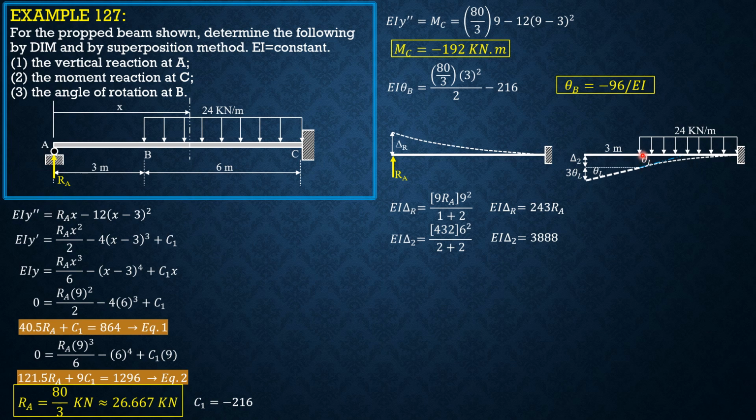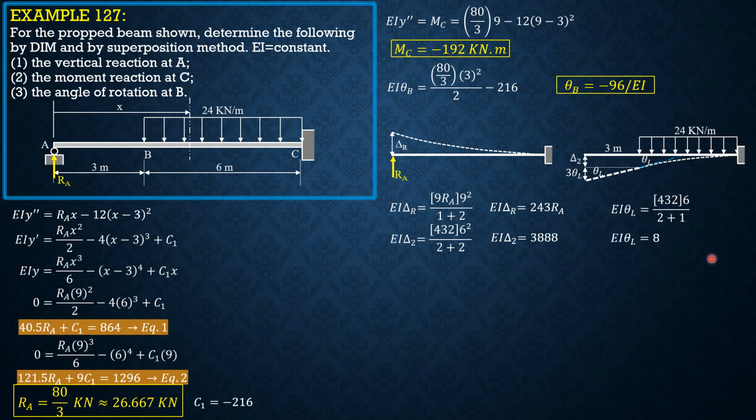Then for theta L, EI theta L equals moment at the wall, 432, times L over degree plus 1. So remember the formula. Moment at the wall, so 432 is 24 times 6 times 3.